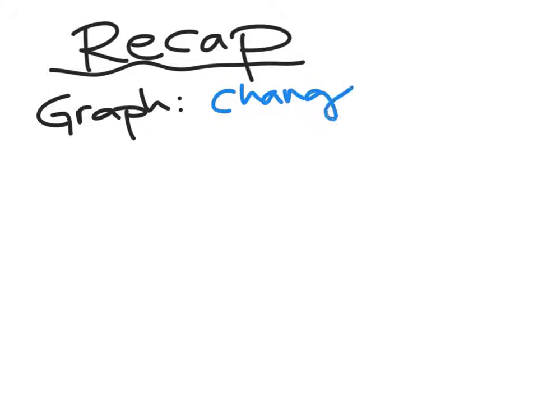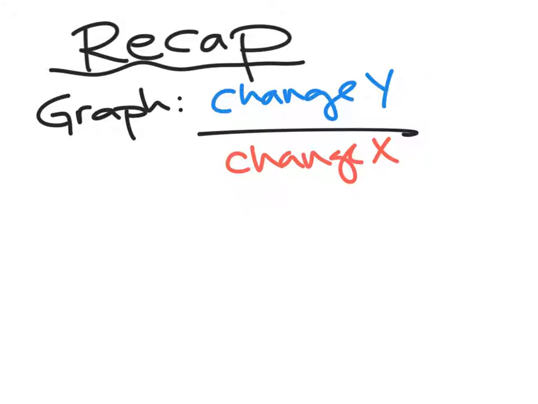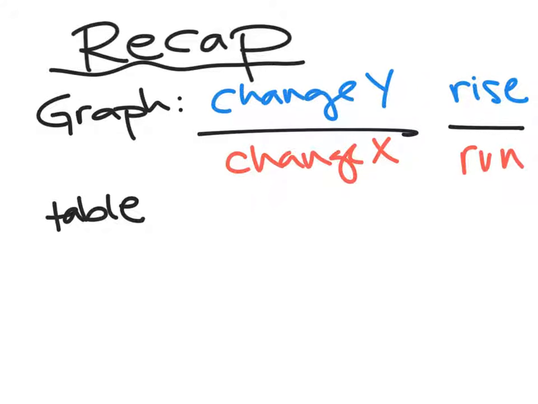All right, let's recap. We know that the slope of a graph is going to be the change of y over the change of x, which is also known as rise over run. If we're given a table, it's the same thing.